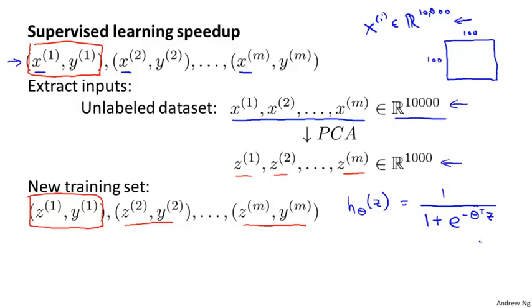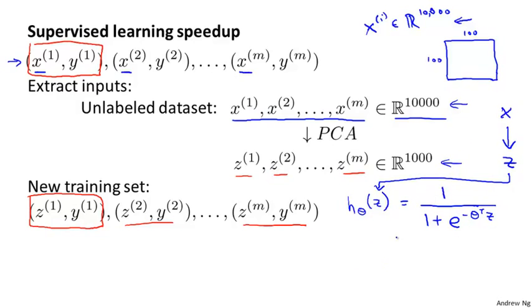And finally, if you have a new test example x, you would take it, map it through the same mapping that was found by PCA to get your corresponding z, and that z then gets fed to this hypothesis, which makes a prediction on your input x.